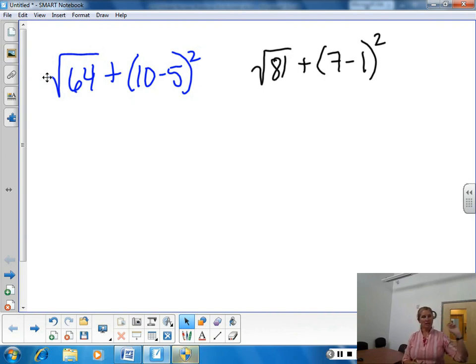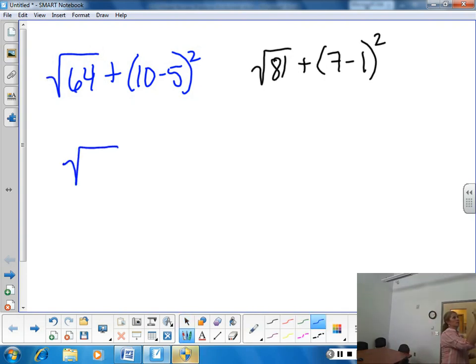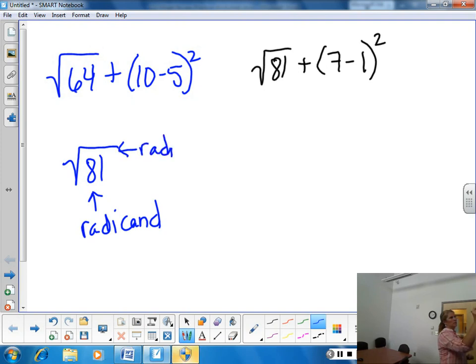The radicand is that number underneath there, remember? We have the radicand, and we have the radical, right? So we're asking what number times itself equals the radicand, and that number would be 9.